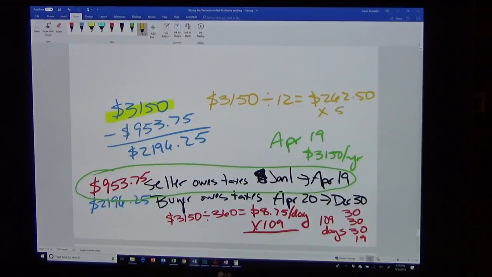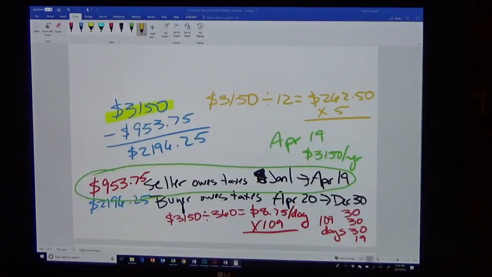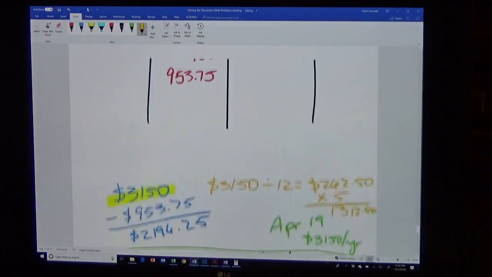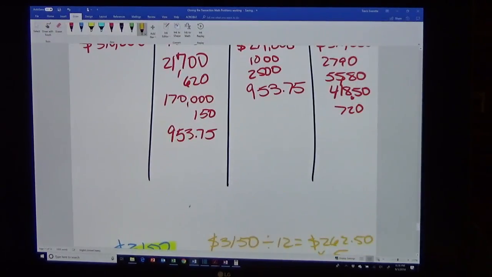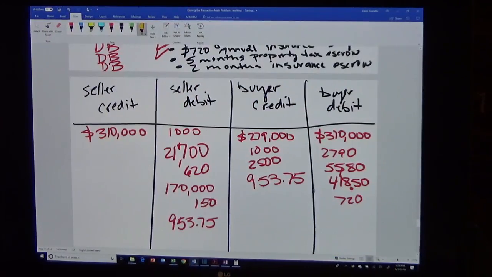And I believe they want 5 months, so we can multiply that times 5. And that's $13.12.50 for the tax escrows. Okay, and that's a buyer debit.